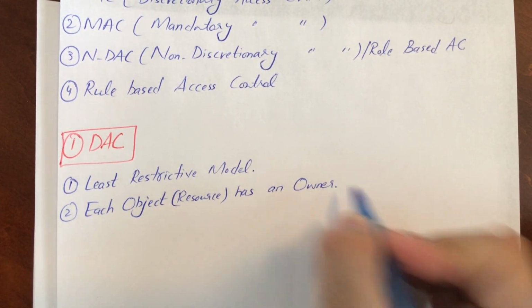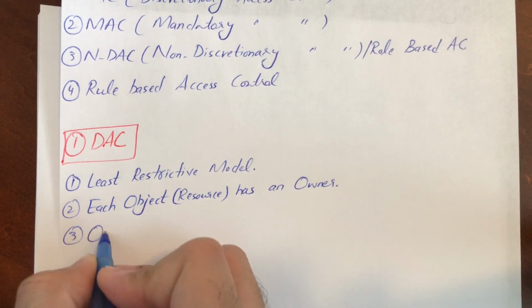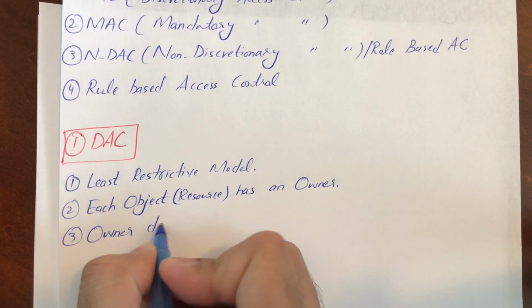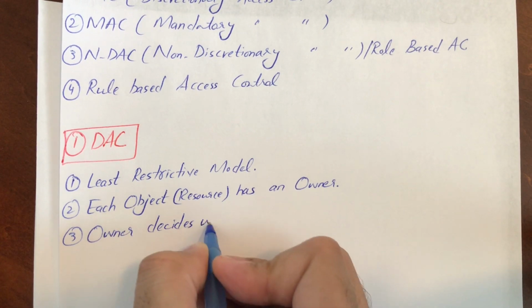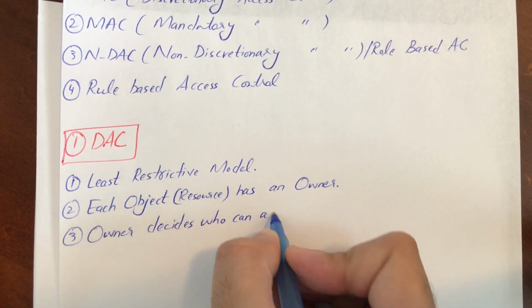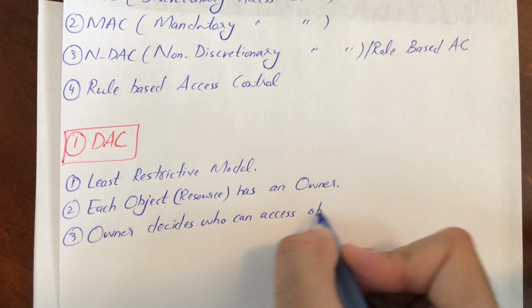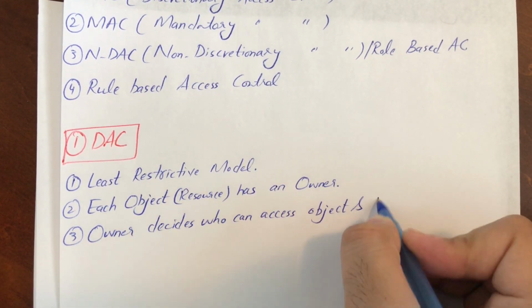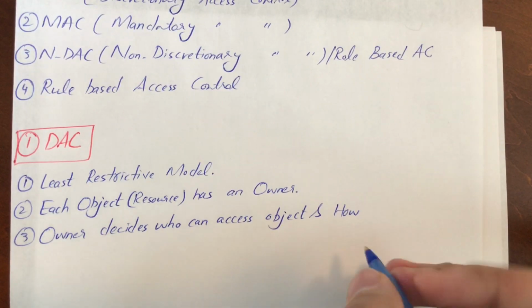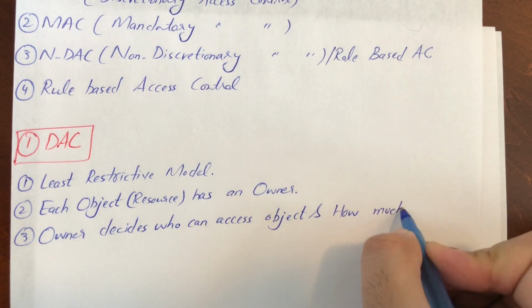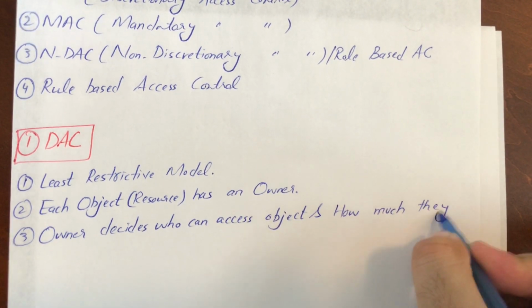The owner decides who can access the object and how much they can access, like read, write, execute.